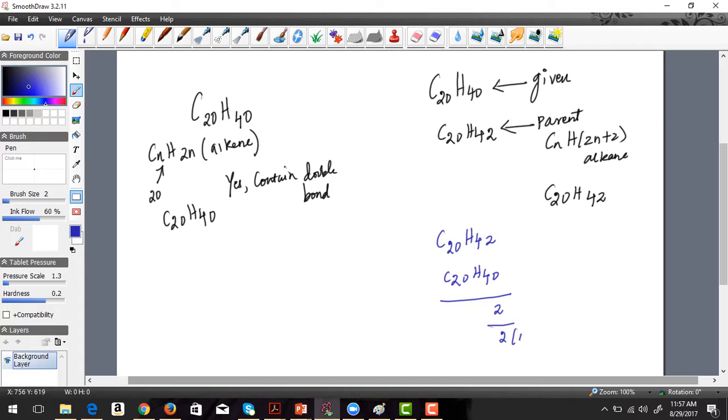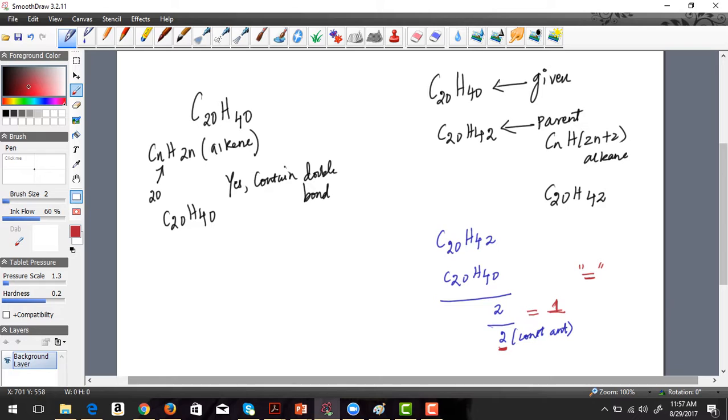Remember, I said this 2 is constant. It's always divided by 2, no matter what the number on the top is. So let me emphasize that: this number is always going to be 2. So what does that mean? We get 1. 1 means you do have one set of double bond. That's what it means.